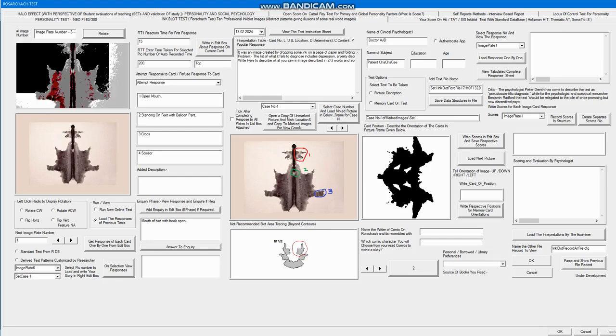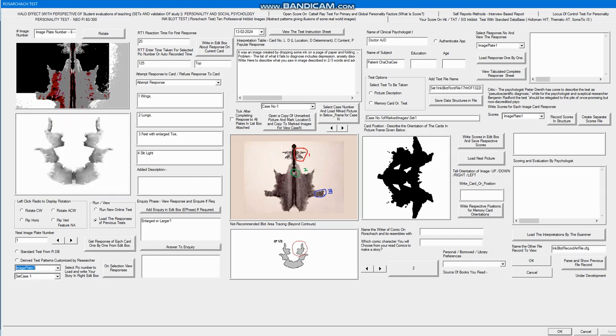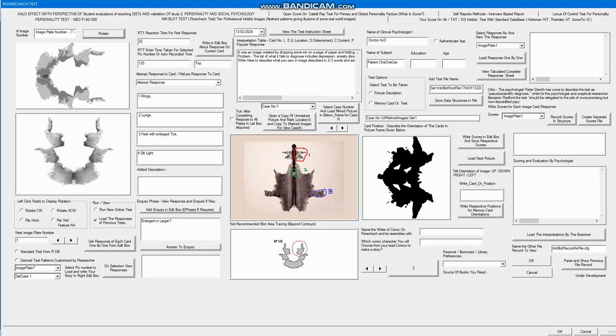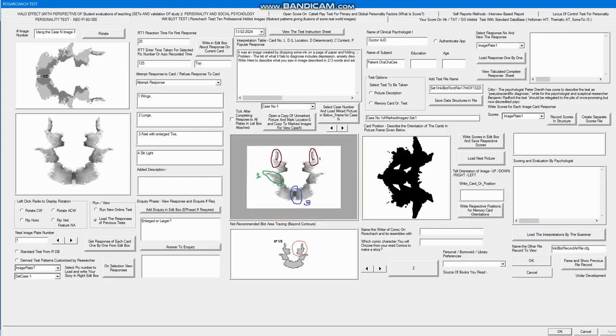Here the patient is shown the pictures, and he or she is asked to say whatever they can see in the picture. In the test, the examiner has to note some specific things about the responses, like location and orientation of the card.